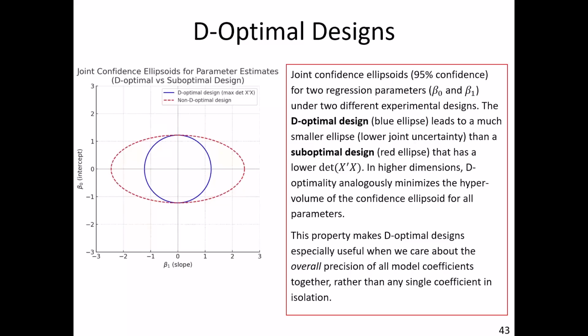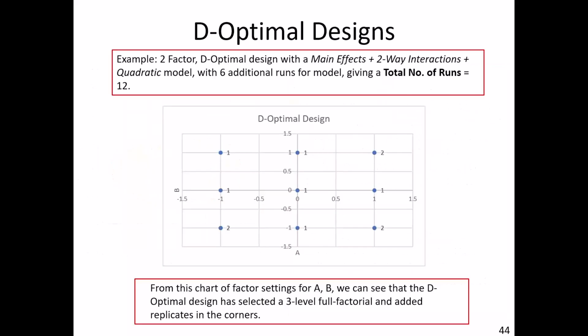All right, so that's the D-optimal. And the computer does all the hard stuff. It's going to find the runs that best maximize the determinant of the information matrix.